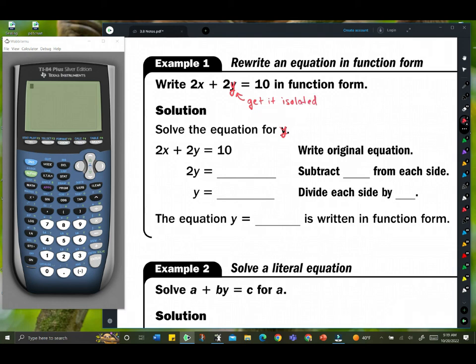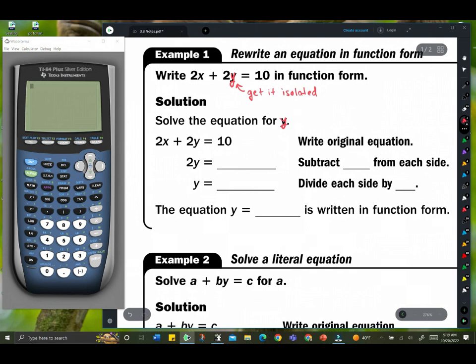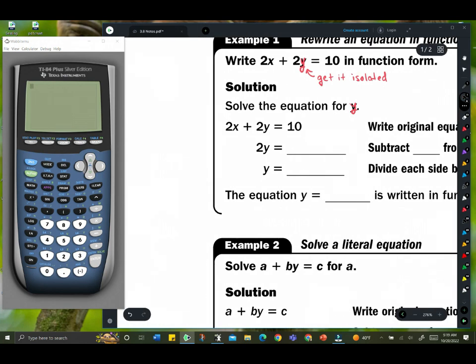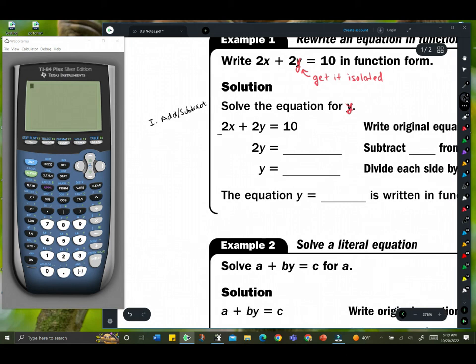You're kind of imagining what you would have to do to get to that step. The first step, thinking about if you had to solve any other equation, is we're always going to add or subtract away first. So we're going to subtract away the 2x.